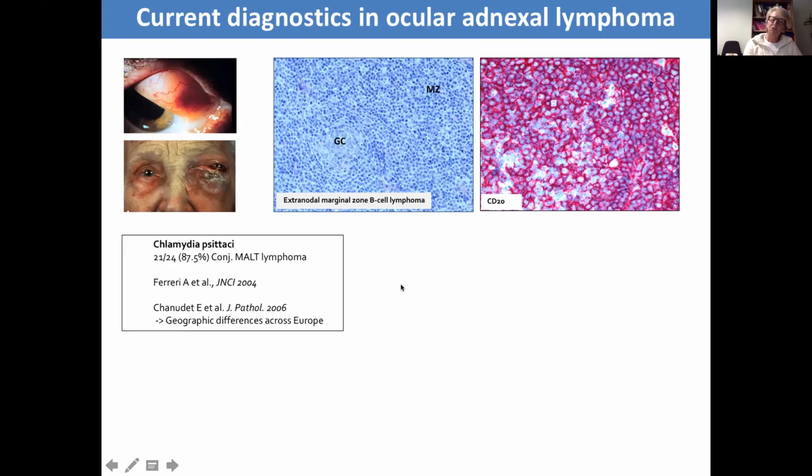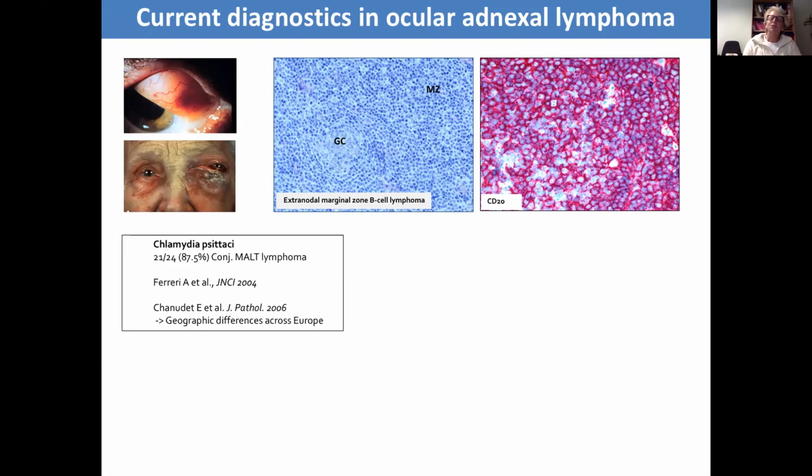It was quite controversial, and as a result of that, Estelle Chanoudet set up a multi-center collaborative study, and samples were sent to her, and she looked at the association and actually found that this association only existed, interestingly, in northern Italy. Since then, it has also been described, I think, in South Korea.